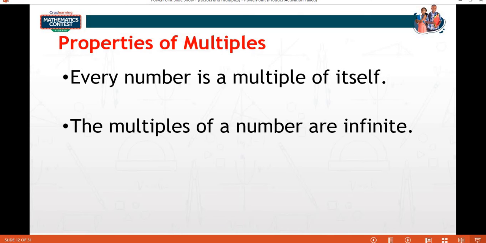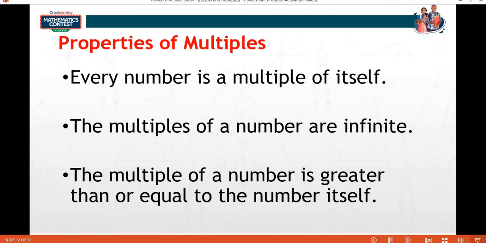So multiples of a number are infinite, uncountable. Thirdly, the multiple of a number is greater than or equal to the number itself. Multiples are always greater than or equal to the given number.